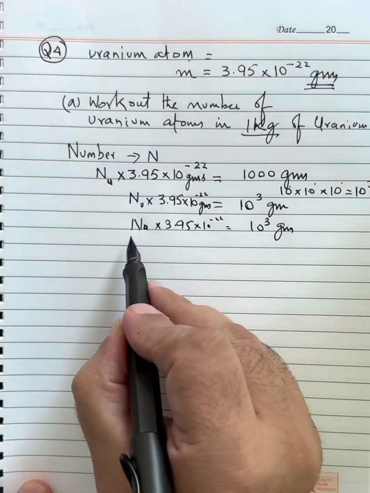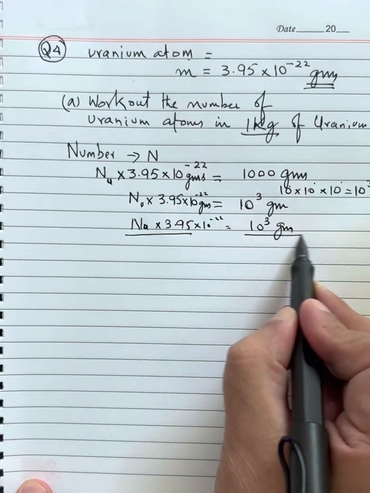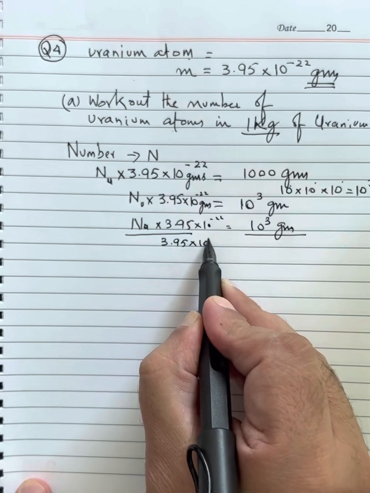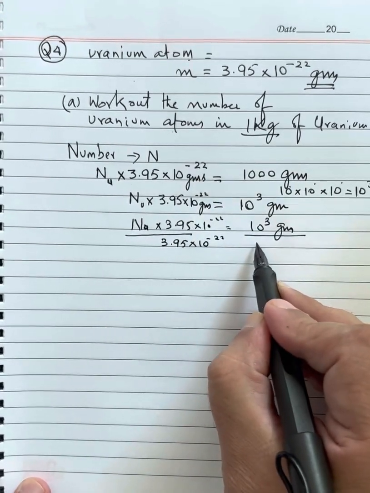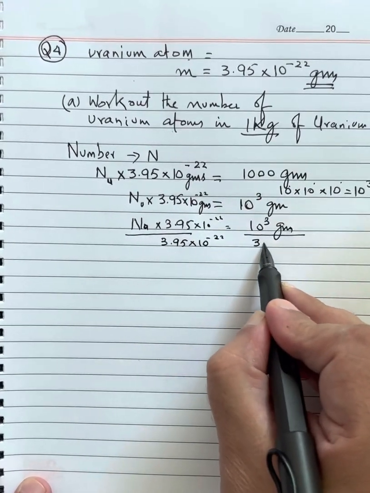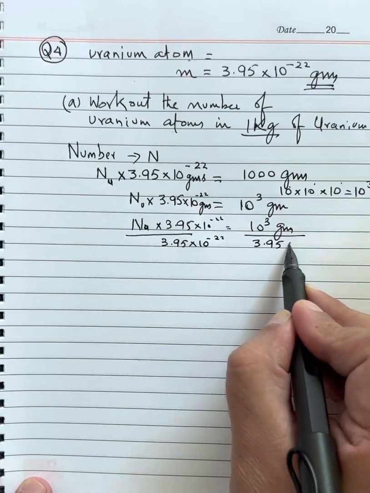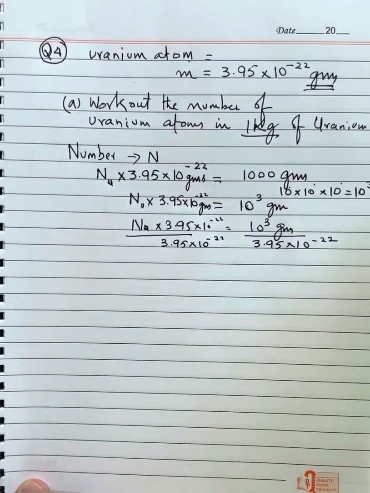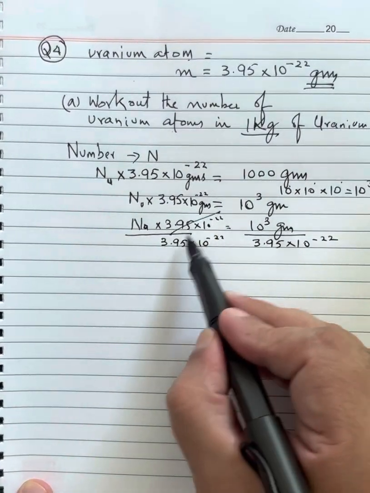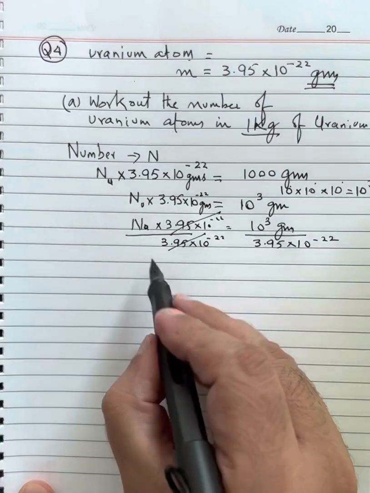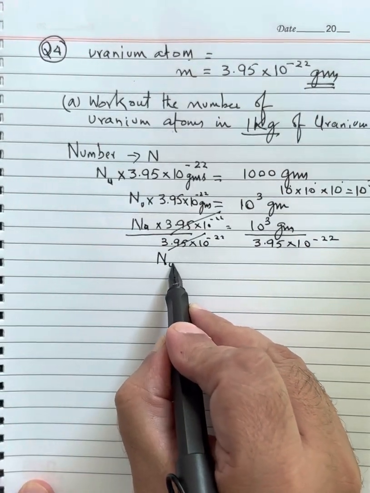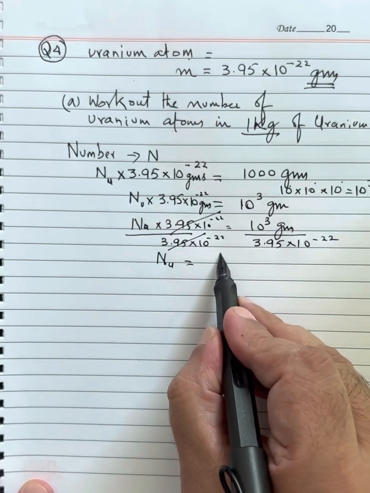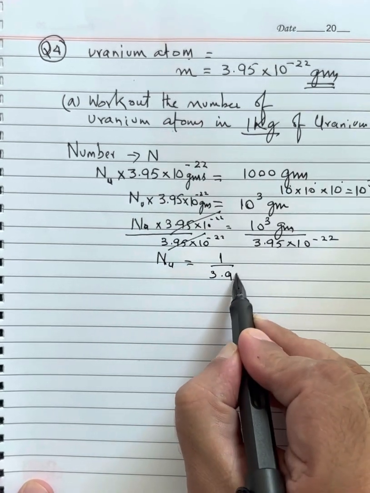What we're going to do is divide this equation on both sides by 3.95 times 10 to the power minus 22, and on the right hand side as well, 3.95 times 10 to the power minus 22. Why have I done it? Just to get this cancelled out on the left hand side. So what you're left with is just the number of uranium atoms, and that's equal to 1 over 3.95.